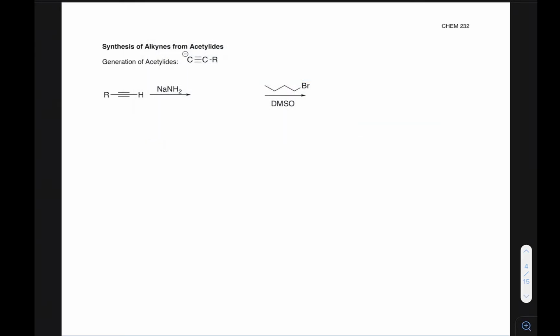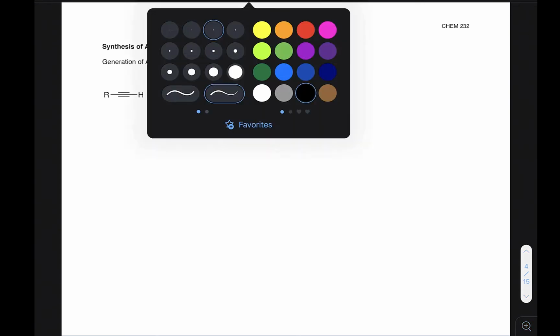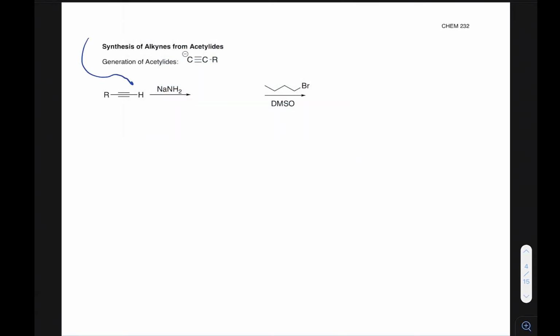And so one thing we can do with alkynes is actually turn them into nucleophiles. So if we remember from our Chapter 8 or Chapter 2 notes, learning about acids and bases, we know that alkynes, these sp carbons, have a pKa of about 25.